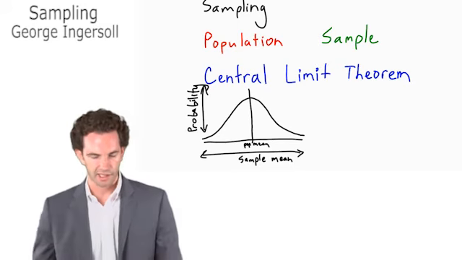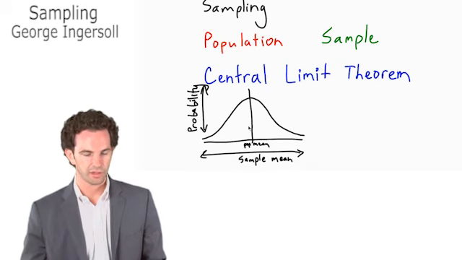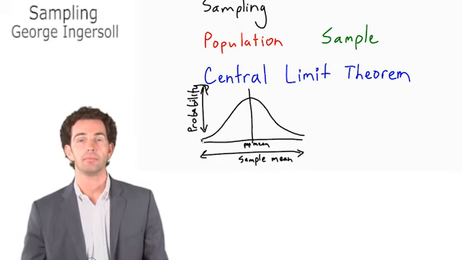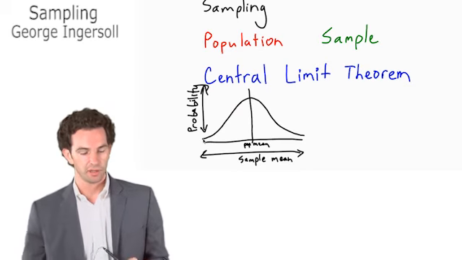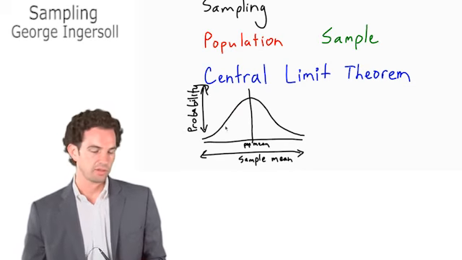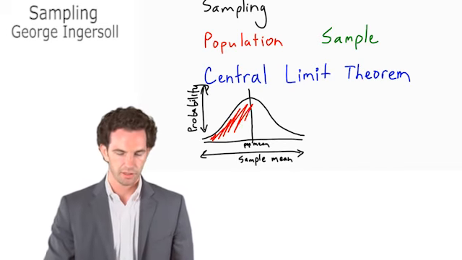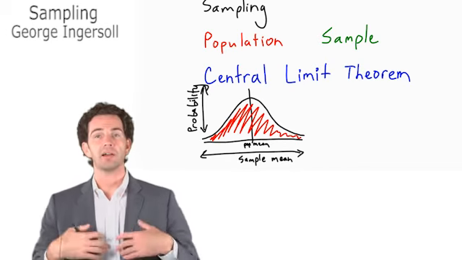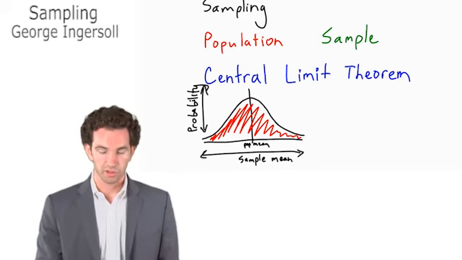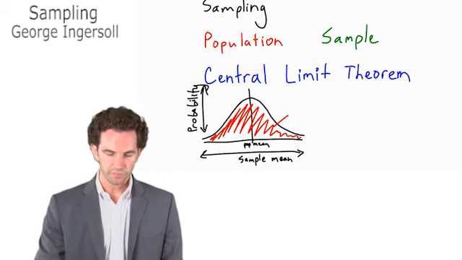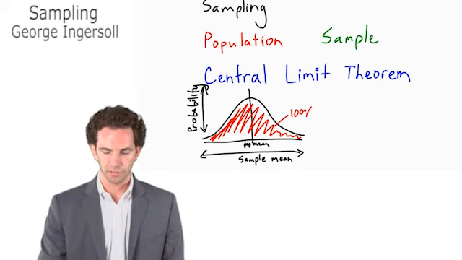That center line here, that vertical line right here, is the population mean. And all along here are values that the sample mean might be. So we're taking a sample, could be anywhere in here, and all of this represents the probabilities, right? Where the curve is higher, it's a higher probability, and where the curve is lower, it's a lower probability. It obviously all adds up to 100%.